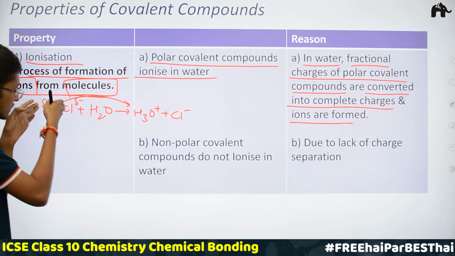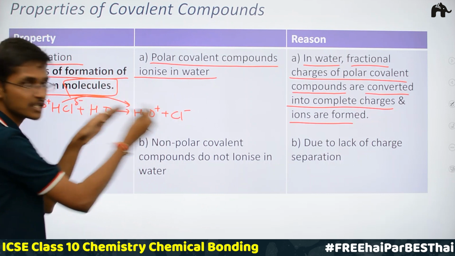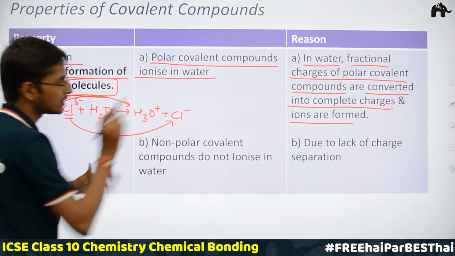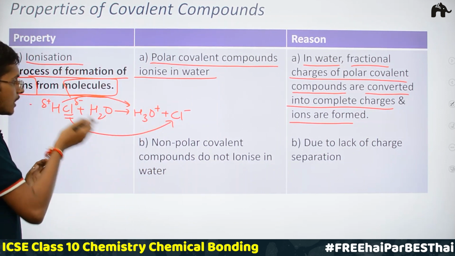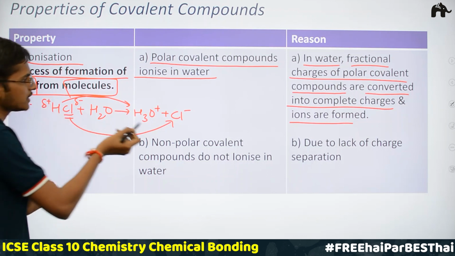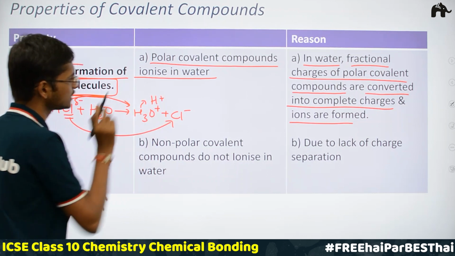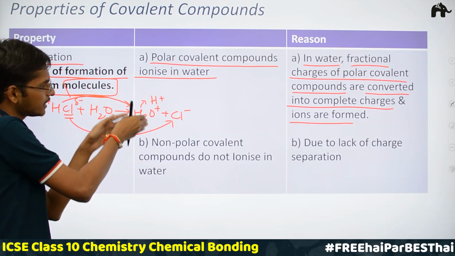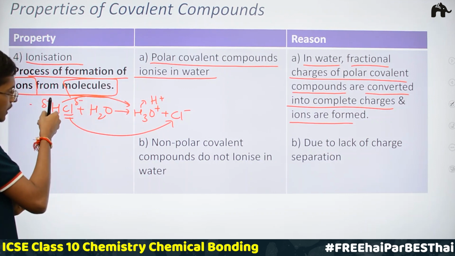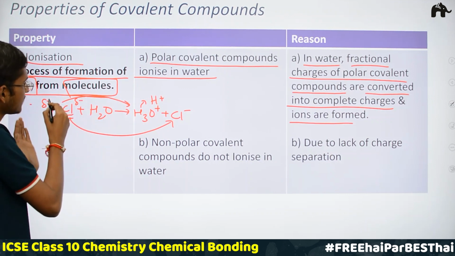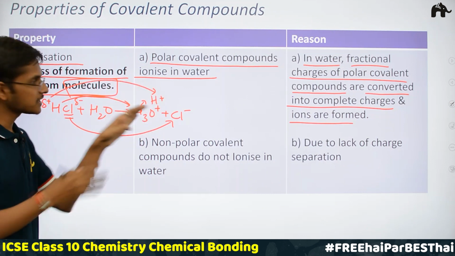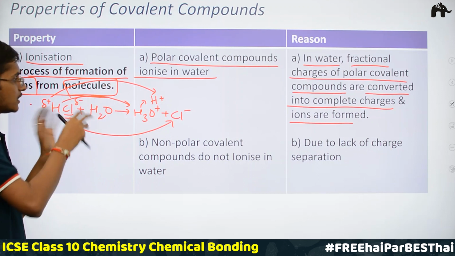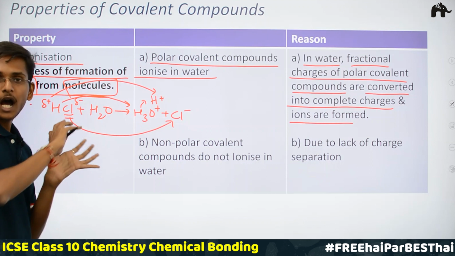Here chlorine's slight negative charge is converted directly into a complete negative charge. Hydrogen's slight positive charge: H3O+ means you can also see that H+ is getting formed. We will understand this later, but for now just remember that H3O+ means H+ is getting formed. So hydrogen's slight positive charge is converted into a complete positive charge and the ions are formed. That's why polar covalent compounds get ionized in water.